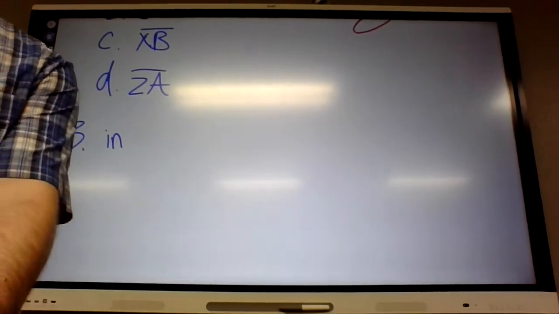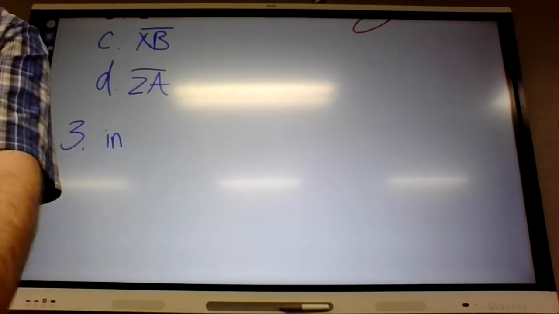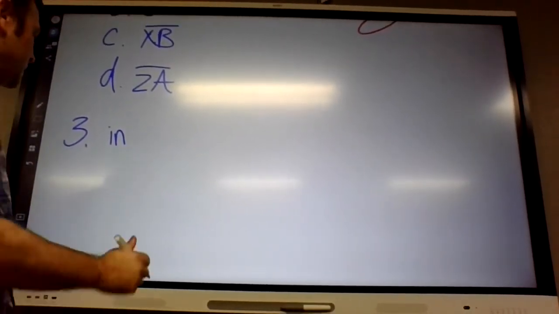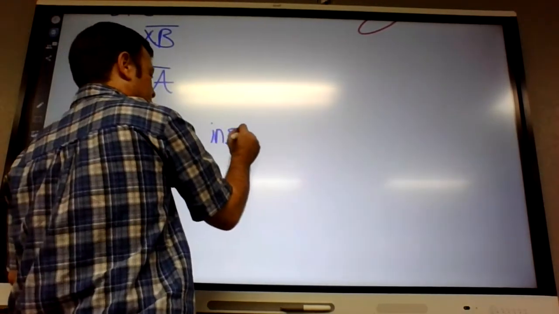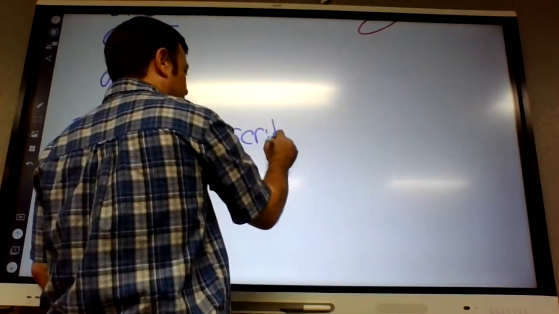Again, probably the best place to find it is right there at the bottom of the page, right next to it. Incenter, and why is it called the incenter? Because it's the center of the inscribed circle. That's a question, by the way.